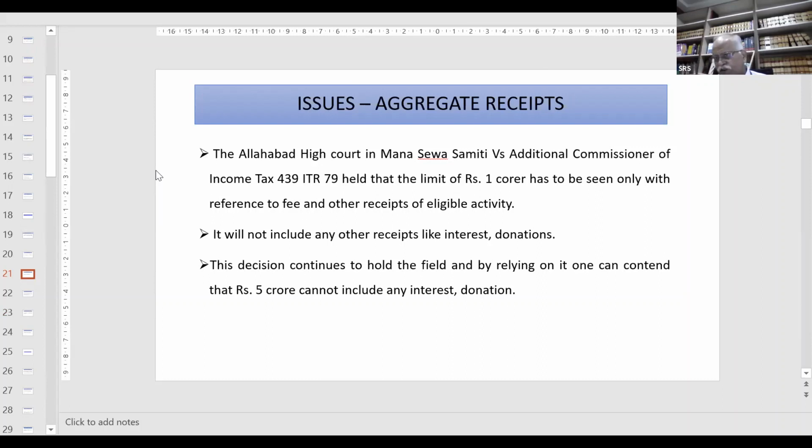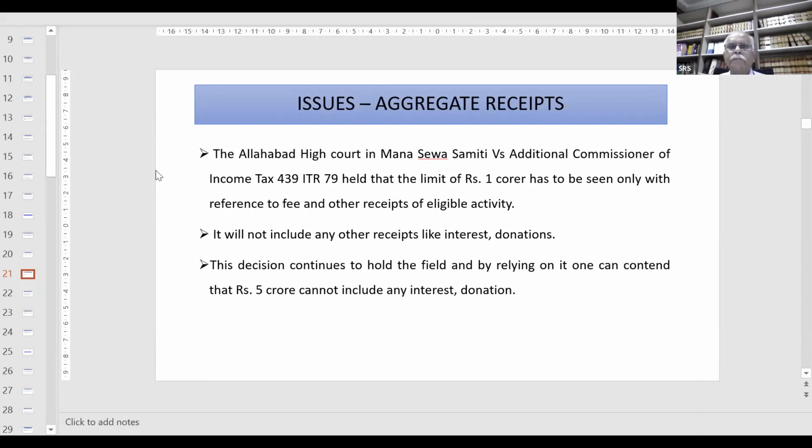So applying the ratio of this decision, we can say that the 5 crore limit is with reference to the fees relatable to the institutions which are mentioned in 10(23C)(iiiad) or (iiiae), and not to the other types of receipts received by the trustees, like donations from the public, interest on fixed deposits or other investments which the trust has made, or any other receipts which are not connected with the institution at all. So this is something which has not been addressed, fortunately. So we can take the benefit of this decision and argue that the 5 crore limit has been computed accordingly.